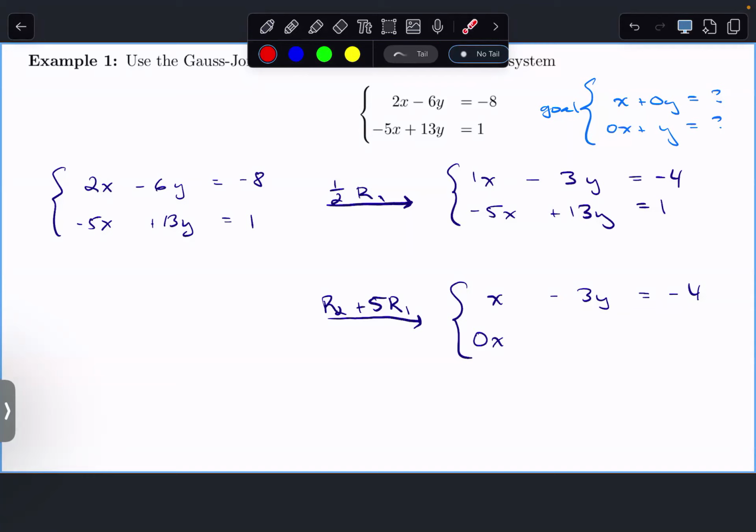I'm gonna go with -2. (13 minus 15) sold. -2y. 1 plus 5 times -4. 1 plus -20 makes -19.